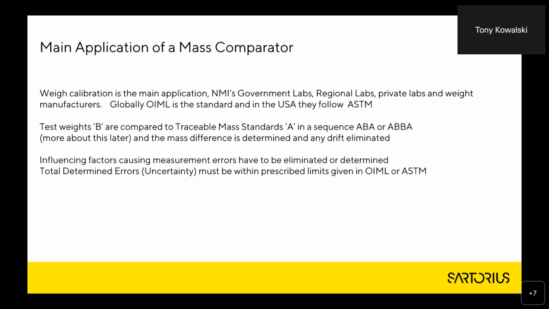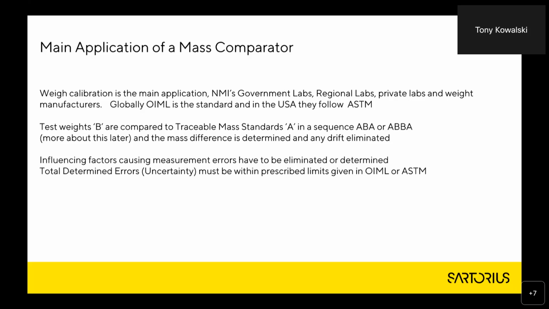And there are reasons why we use the first or the second method, but a little bit more about that later. And this process of ABA or ABBA is how we determine the difference in mass between the reference weight A and the weight being tested B, and how we use this sequence to determine and eliminate any of the drift that we might see in the mass comparator.